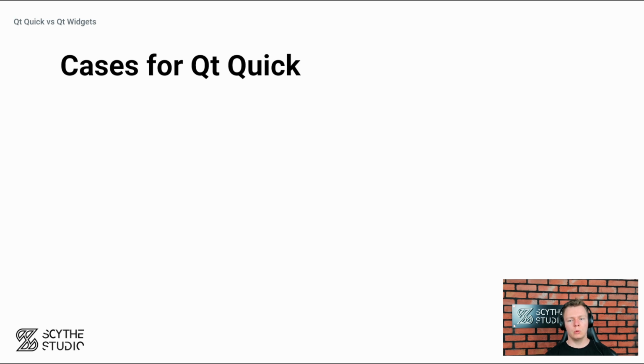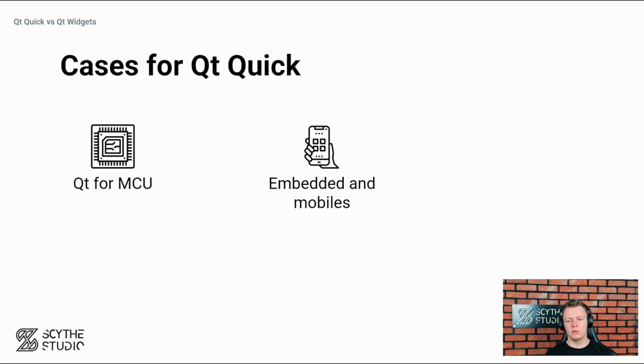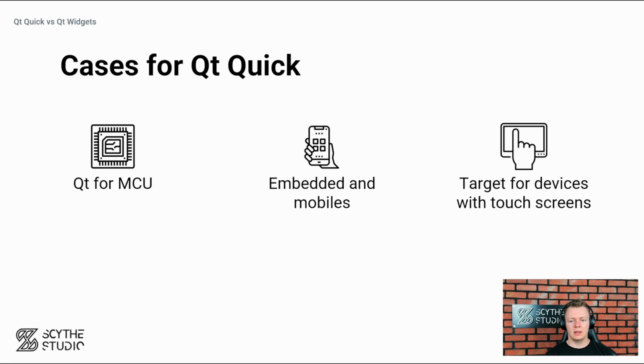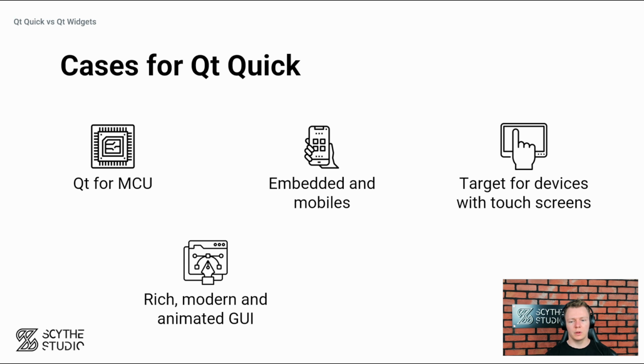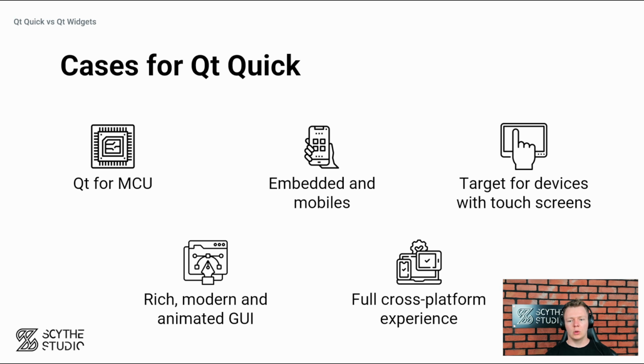And think about Qt Quick. Go with it if you want to use Qt for MCU microcontrollers, if you target embedded or mobile platforms, if your project targets touchscreen devices, if you want to have a rich, beautiful, modern, and animated GUI, and if you want your project to be fully cross-platform. I mean, for example, support both desktop and mobiles.